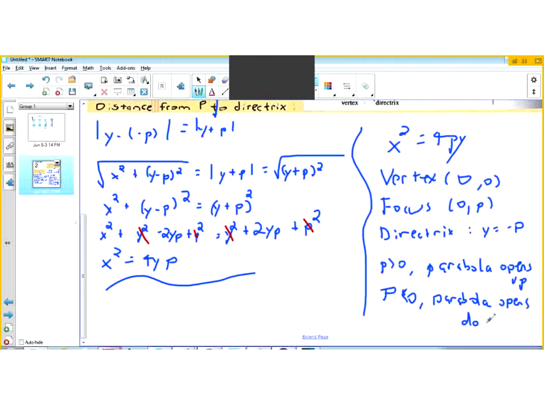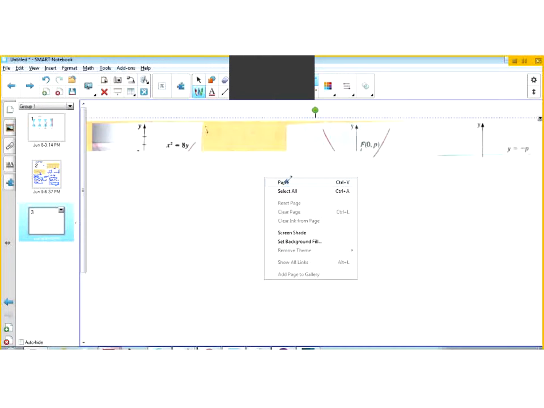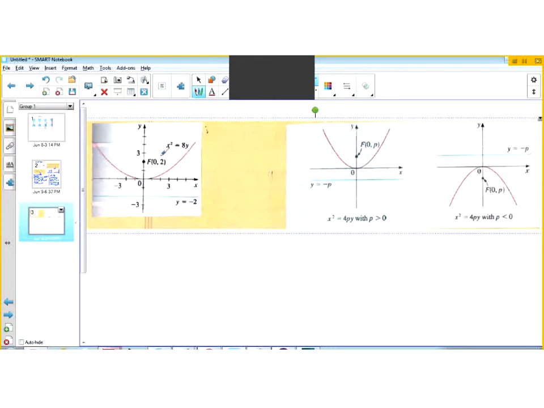Okay, and you may have seen this in algebra. All right, so let me give you some examples. So in this case, consider the graph x squared equals 8y.